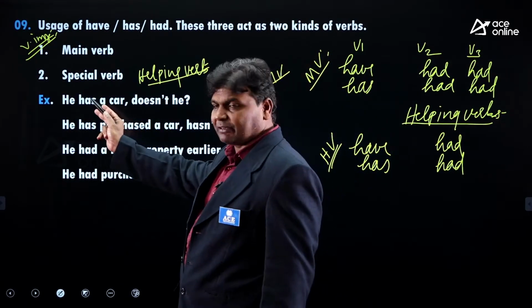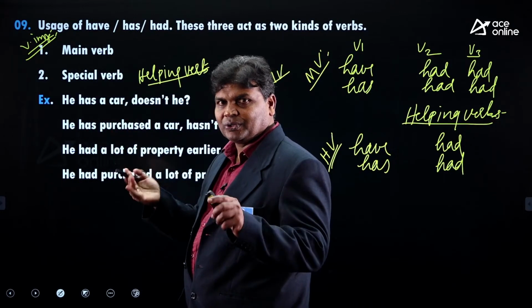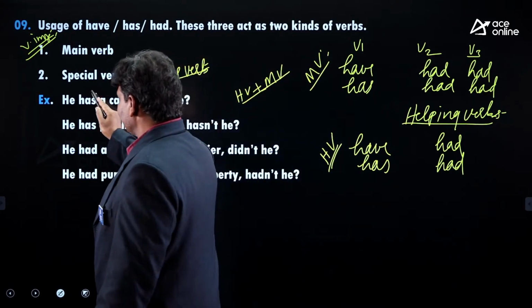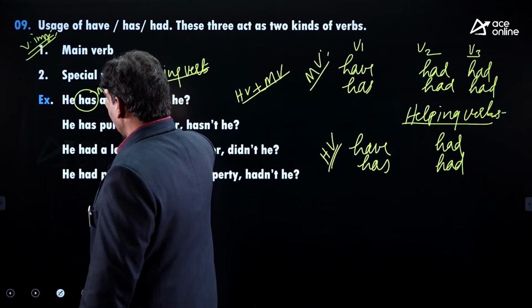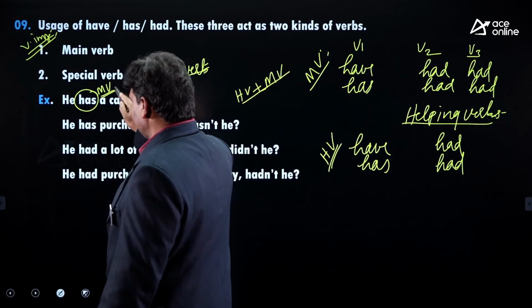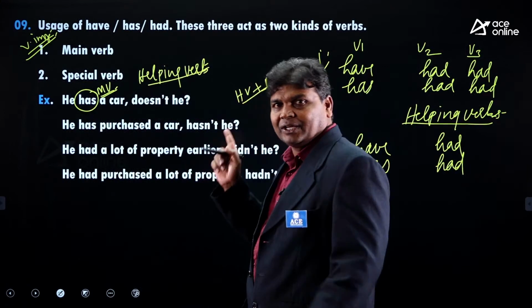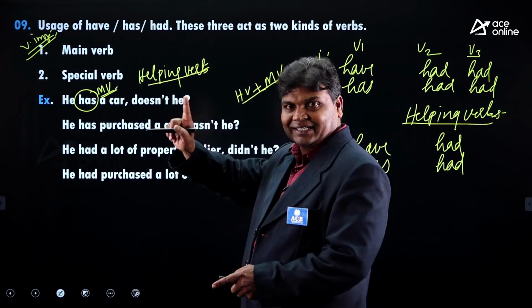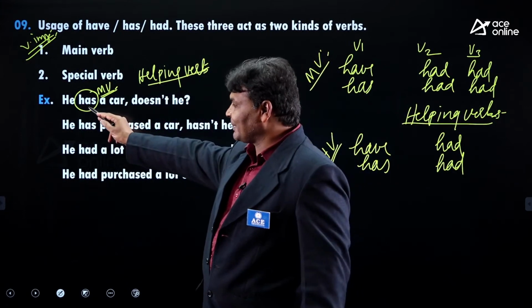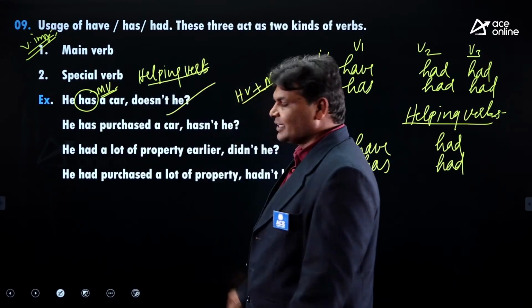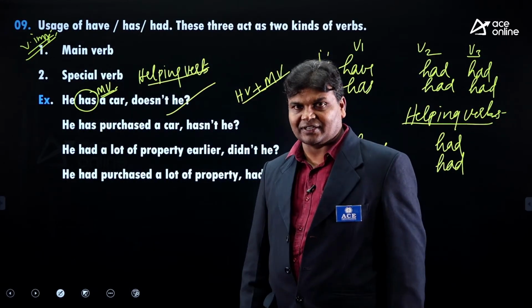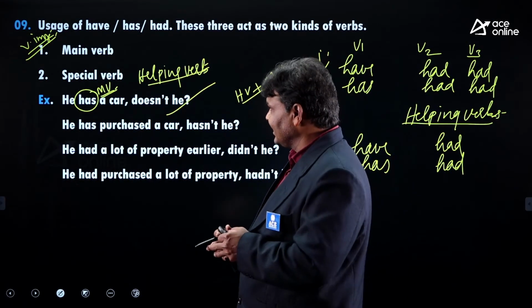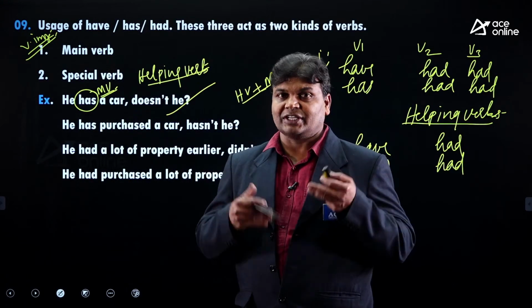Did you find any other verb with this one now? There is no other verb there, which means this is doing the work of the main verb now. When main verb is there, what did I say? We have to borrow do, does, did. This is present tense. Doesn't he is the right expression. But 99% of the students will write it as he has a car, hasn't he?